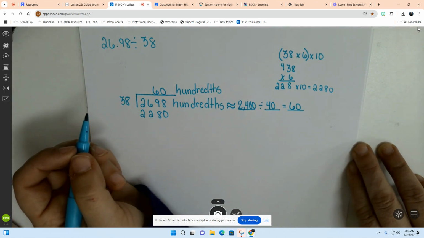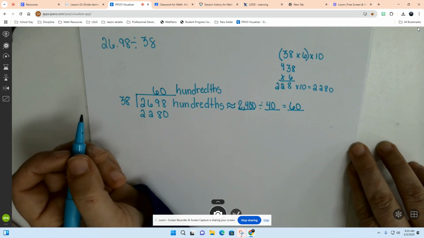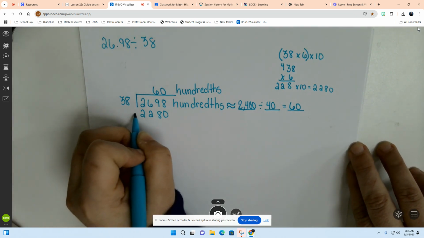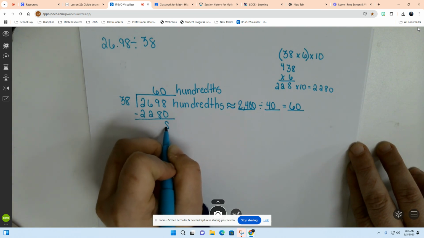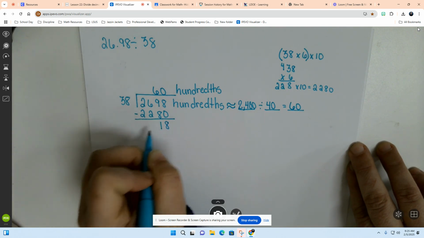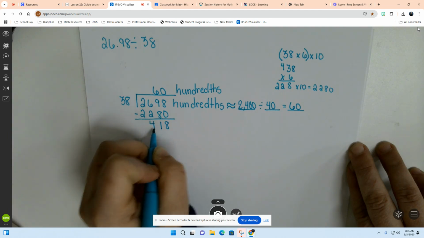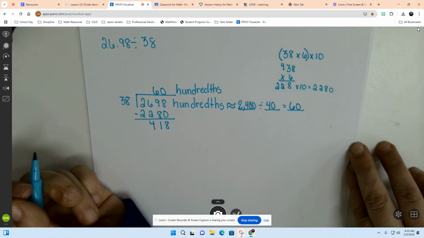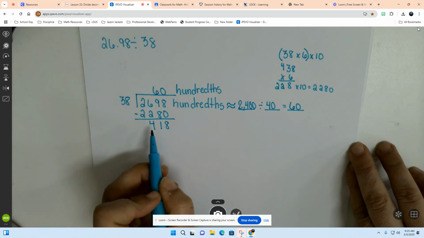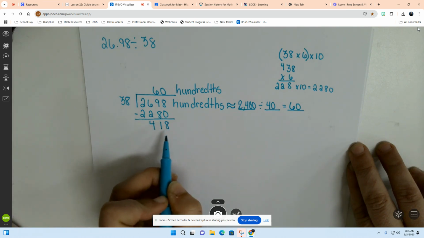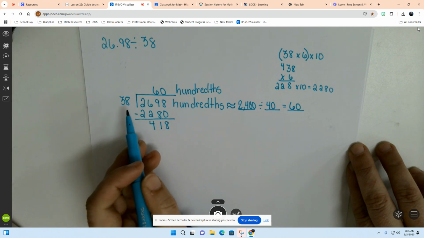What would be my next step? Subtract to see what is left to distribute. This is 418. This is what I've left to distribute among 38 groups.